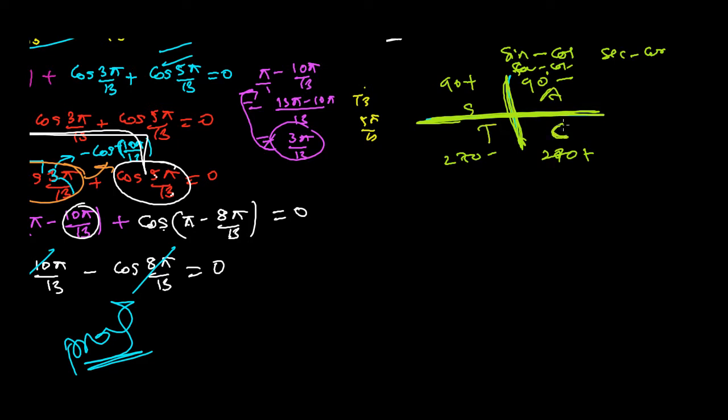Cosine and sec are positive here, all are positive here, sine and cosec are positive here, tan and cotangent are positive here. If I'm doing 180 minus theta, as I told, there is no change. So cosine of 180 minus theta would be cosine of theta, but the cosine value in the second quadrant is negative, so that's why I put negative cos theta. That's why these things get easily converted.